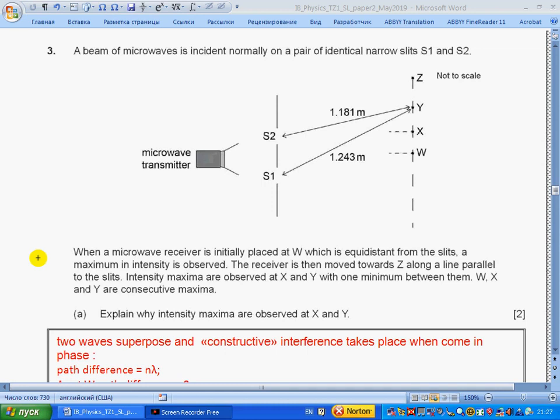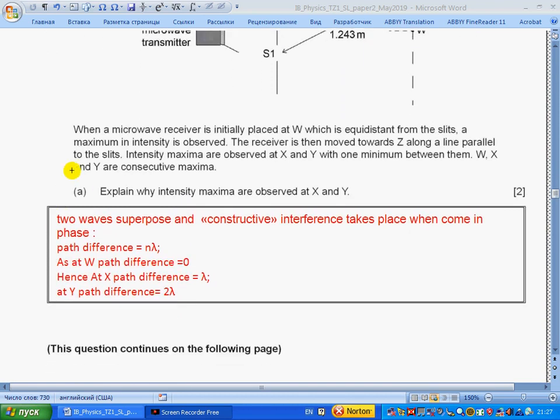W, X and Y are consecutive maxima. So we have two waves from S1 and S2. They superimpose here, and the result of superposition depends on path difference.